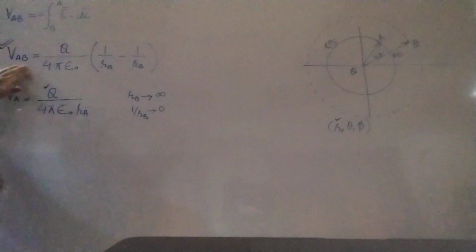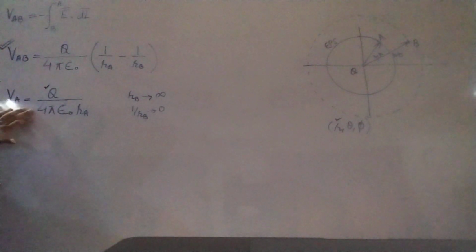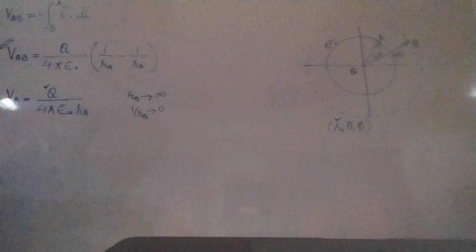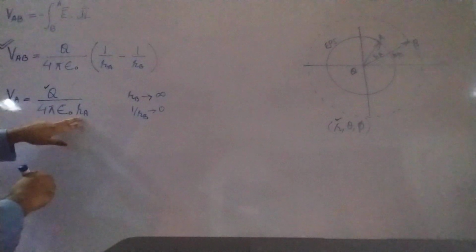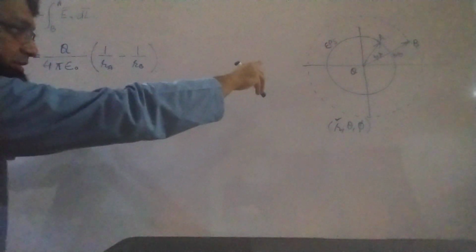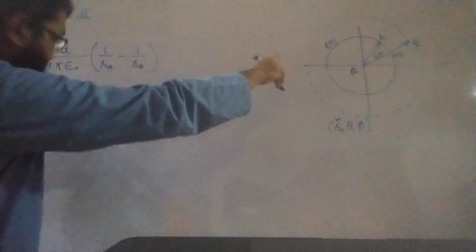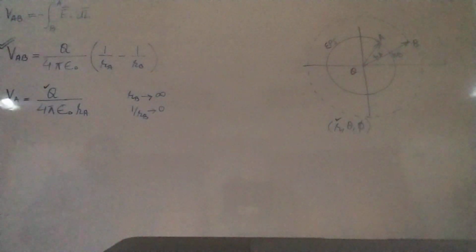The potential difference is given by this formula, and absolute potential by this formula. Keeping RA constant, with the source charge at the origin, gives us equipotential surfaces which are spheres.